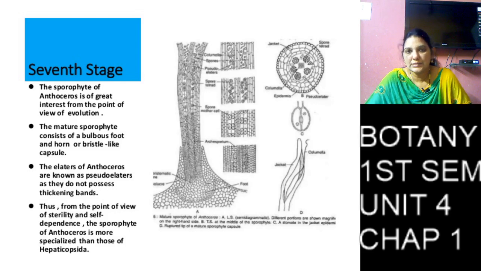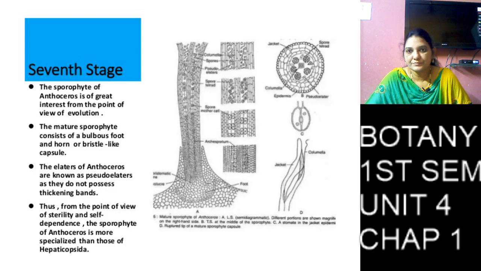Next, the columella is present here, and 4 to 5 layers of epidermis are present on both sides, and stomata are also present here. Chlorophyll cells participate in photosynthesis and prepare their own food. The sporophyte is partially dependent on the thallus for water and minerals.